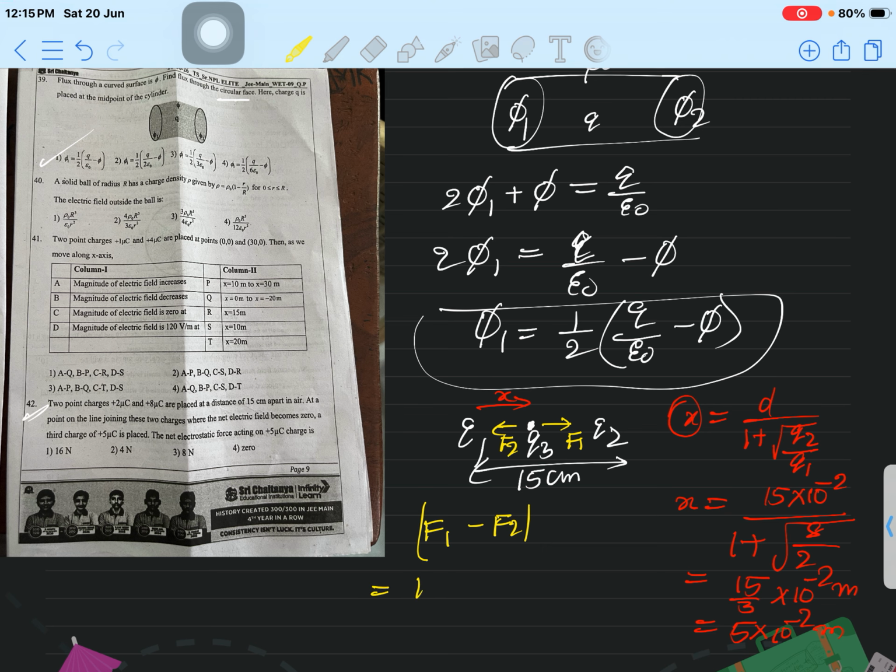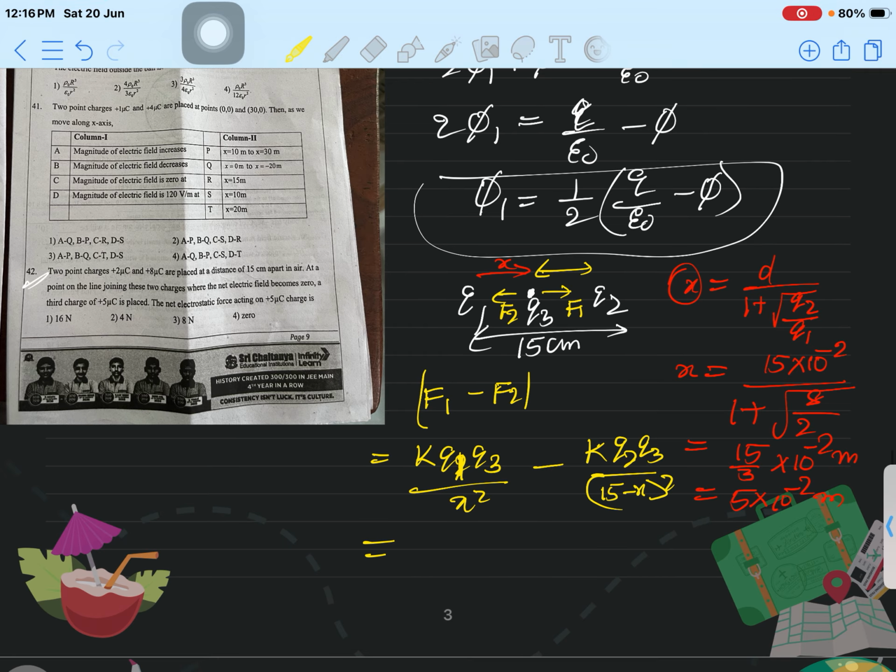F1 is K Q1 Q3 by x square, minus F2, the force created by the second charge, that is K Q2 Q3 by, x value is 5, total distance is 15, so the remaining distance will be how much, sir? This is, let us take, 15 minus x whole square, sir.